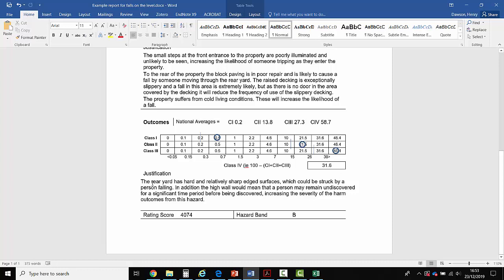So the justification for this is that the rear yard has hard and relatively sharp edged surfaces which could be struck by a person falling. In addition, the high wall would mean that a person may remain undiscovered for a significant period of time before being discovered and given assistance, in this case increasing the severity of harm outcomes from this hazard.